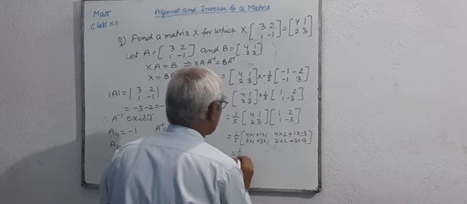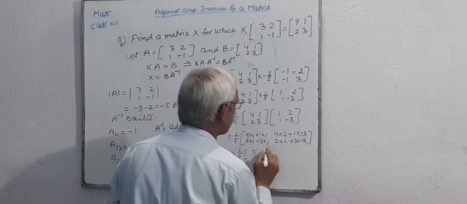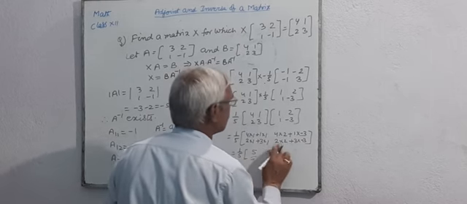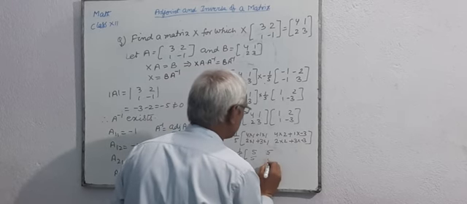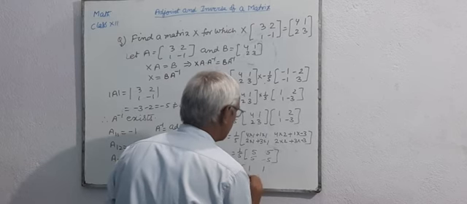That equals 1/5 of [4 plus 1, 8 minus 3; 2 plus 3, 4 minus 9], which is 1/5 of [5 5; 5 minus 5], equal to [1 1; 1 minus 1].